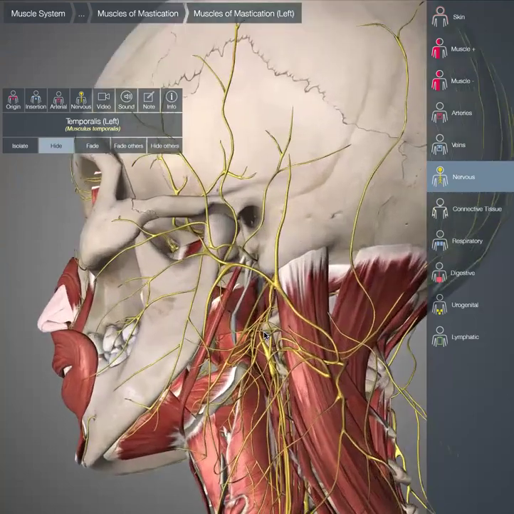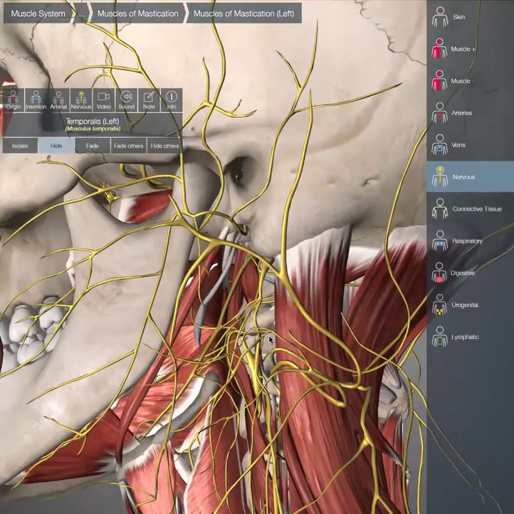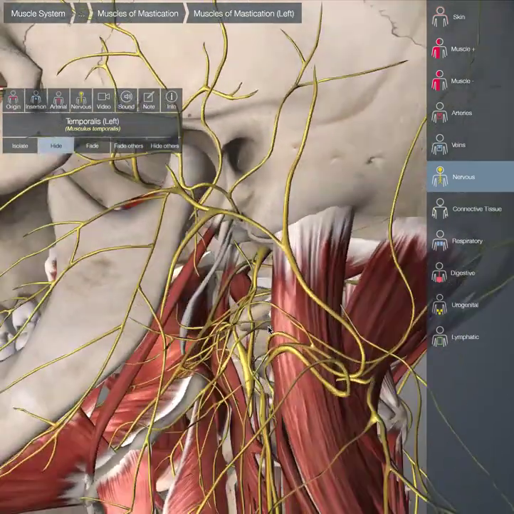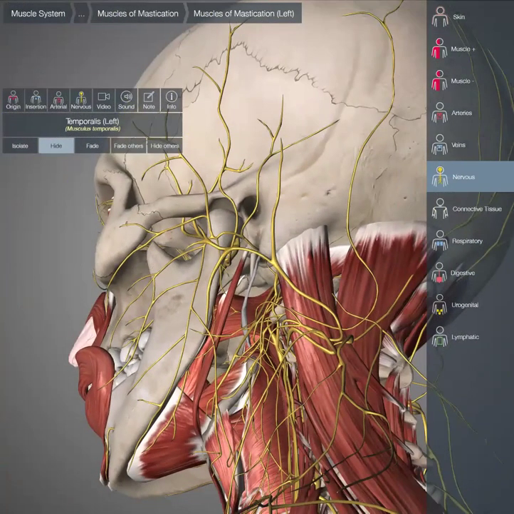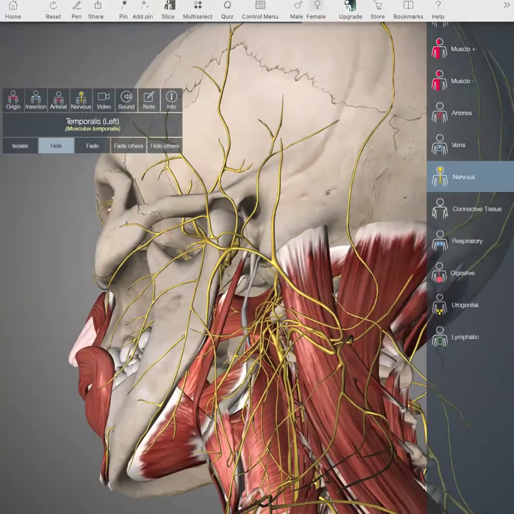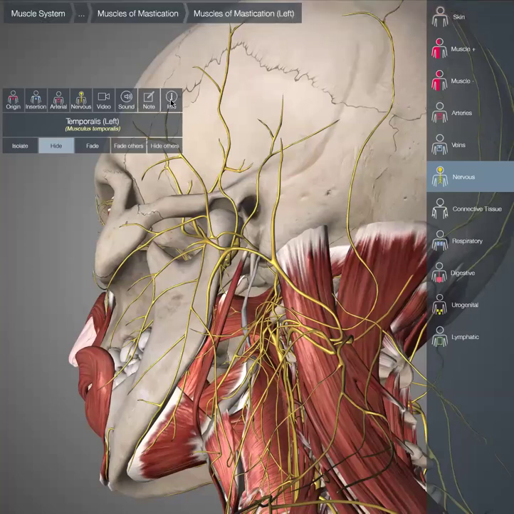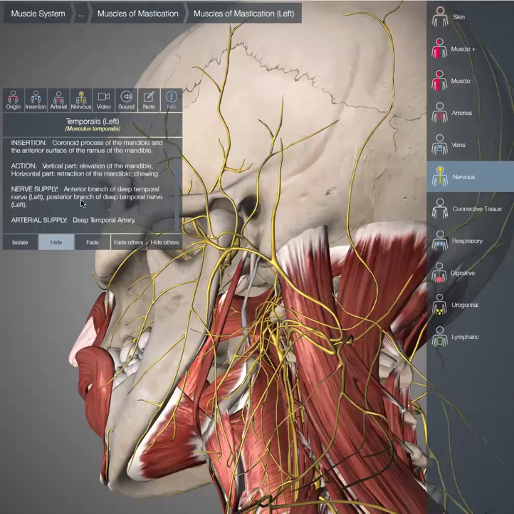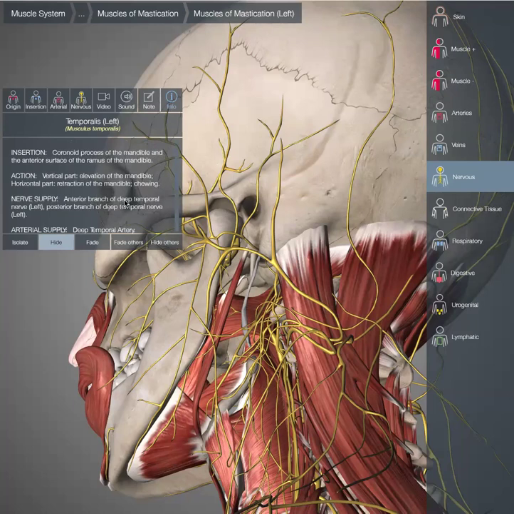Let me show you very quickly. Let's put out the information. It says anterior branch of deep temporal nerve and posterior branch of deep temporal nerve.